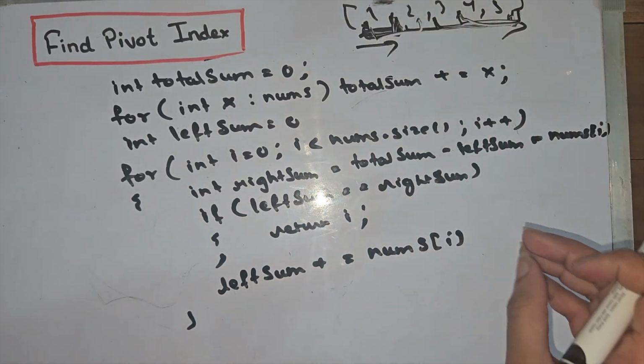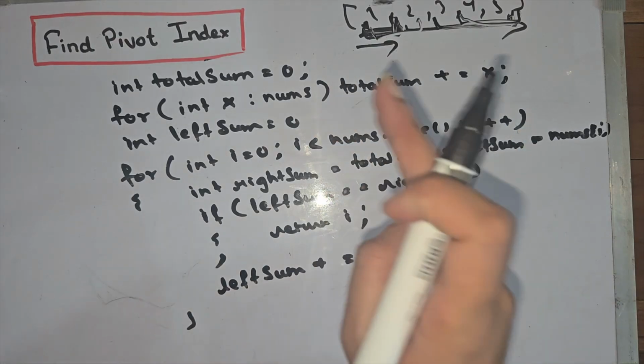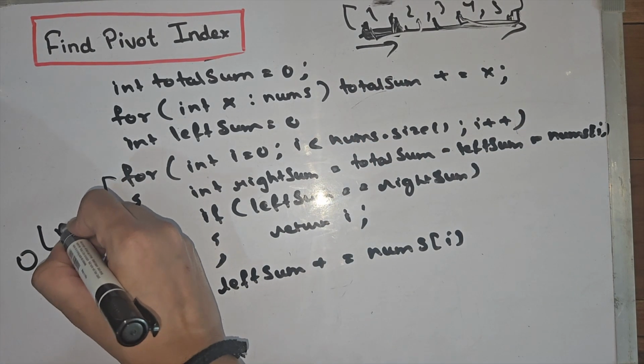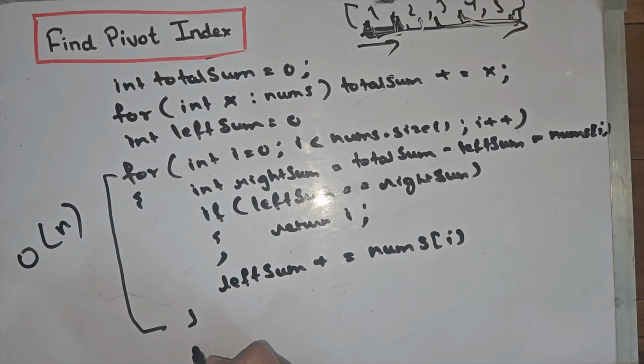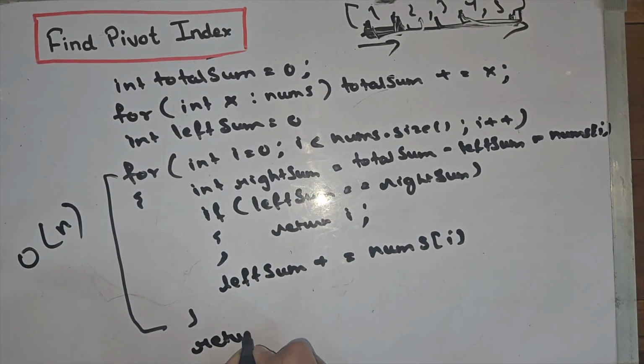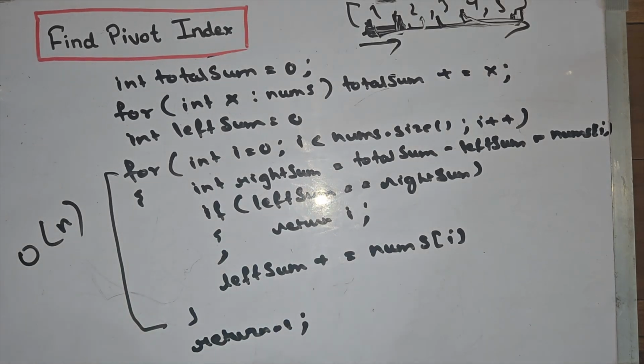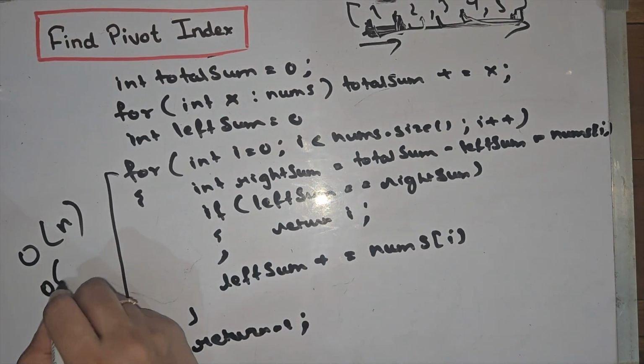So this way we will have left sum and right sum with O(n) time complexity. If such a sum doesn't exist, then we will return minus 1. So this is our solution. Let's code this. And in this, we are not using any extra space.